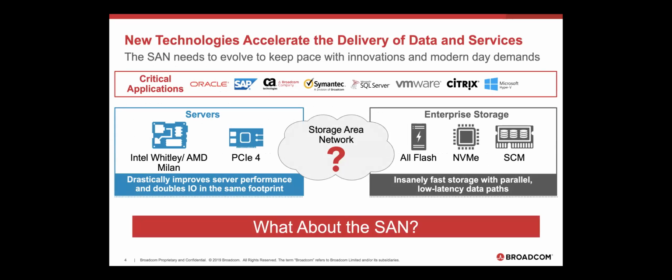So you saw this slide, I think, in Martin's presentation. And really what I want to emphasize here is what we're seeing happening from a technology perspective, both on the server side as well as on the storage side.